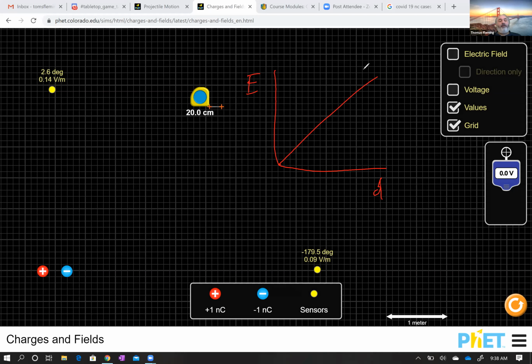Then I'll go back and do the same thing, except instead of having my charges get further apart, I'll put them back at their original super tiny distance. But this time I'll change the charge. Right now I have one of each, so it's 1 nanocoulomb in either case. Here I'll take another 1 nanocoulomb and put it on top of it.